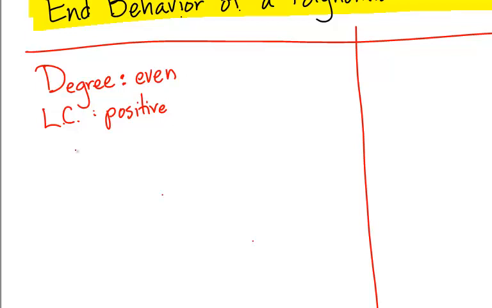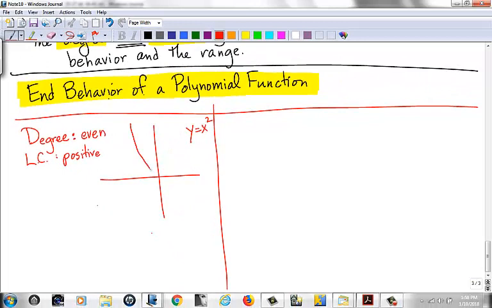And the best example I could give you would be like y equals x squared. That degree is even. The number in front of the x is positive. How does that parabola open? Up. If it's an x squared and it's positive, it opens up.